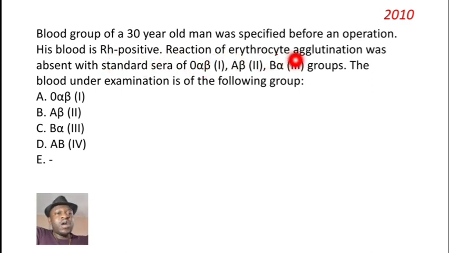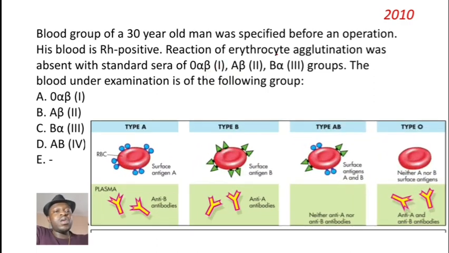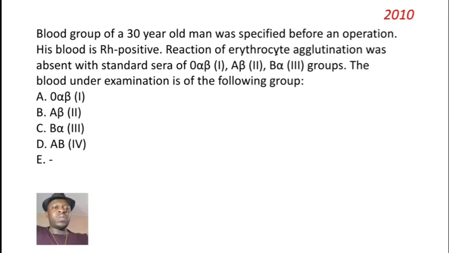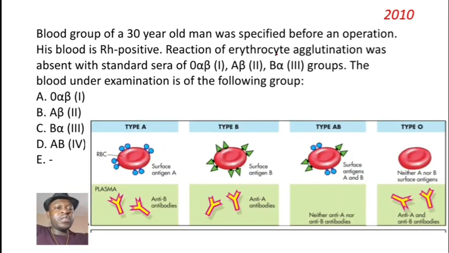The reaction of erythrocyte agglutination was absent in the following sera: blood group A, B, blood group A, B, and blood group O. There is no agglutination. So here is the presentation.